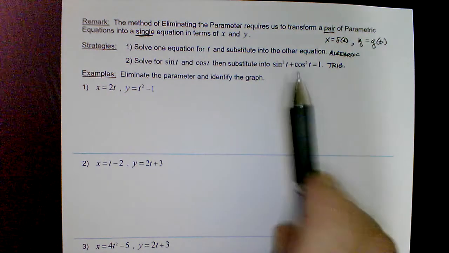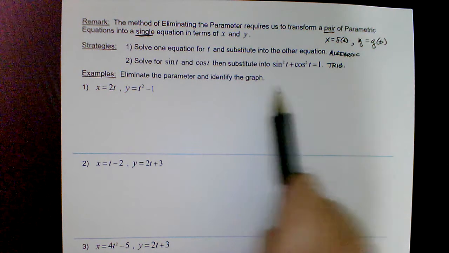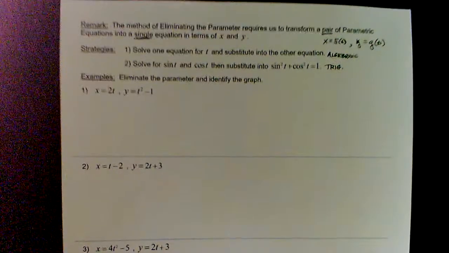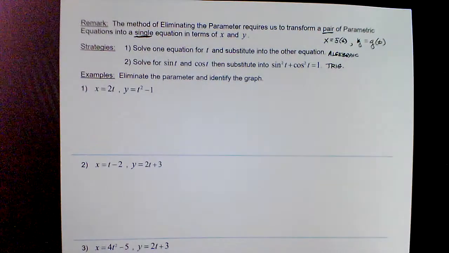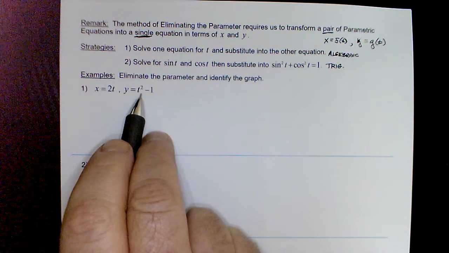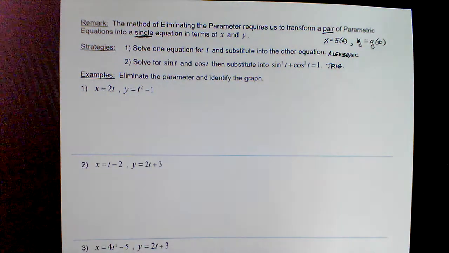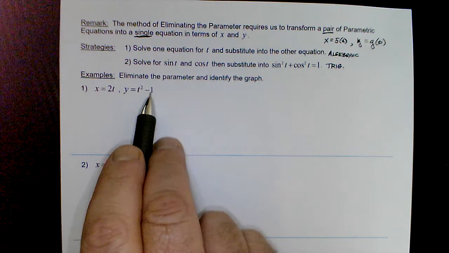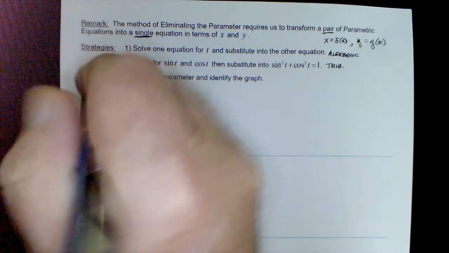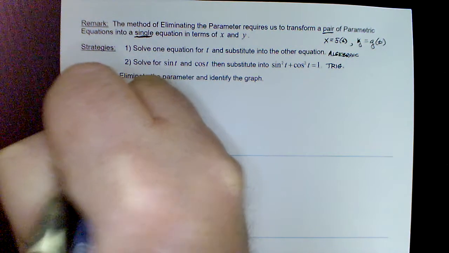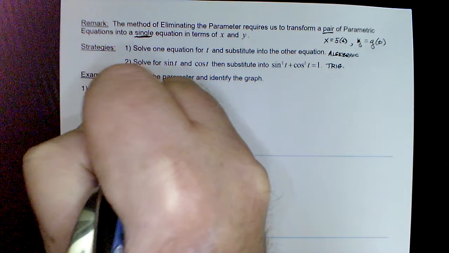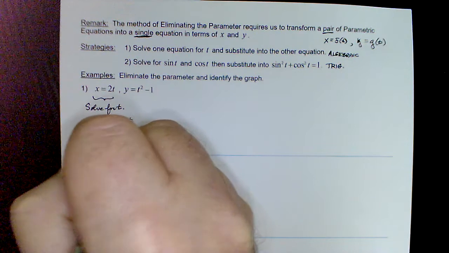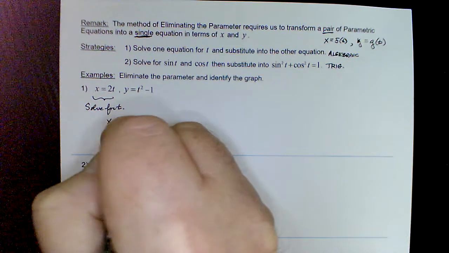Okay, so first example, eliminate the parameter and identify the graph. So look for the easier one to solve for t. And in this case, it looks like x, because x is linear, y is quadratic. So we're going to solve this for t. So if x is equal to 2t, t is x over 2.